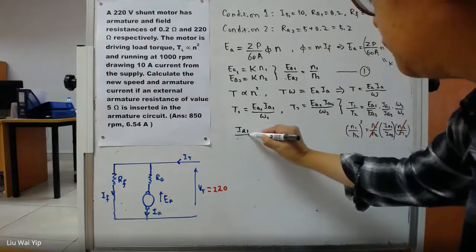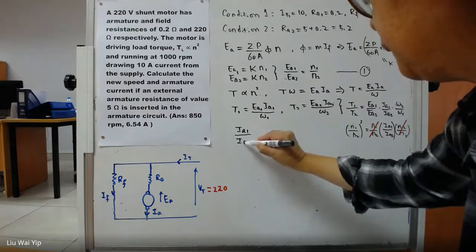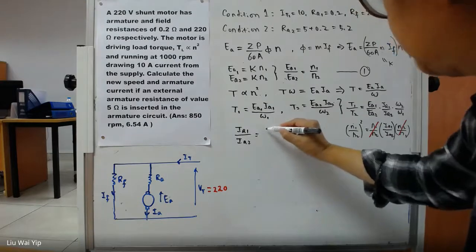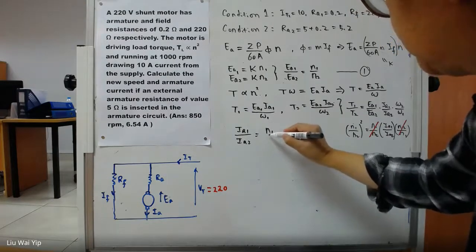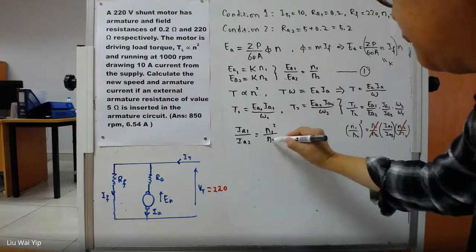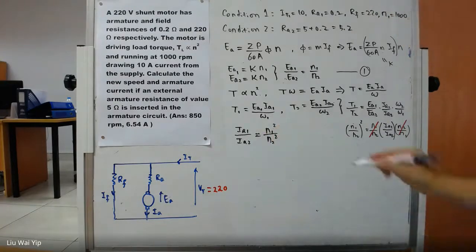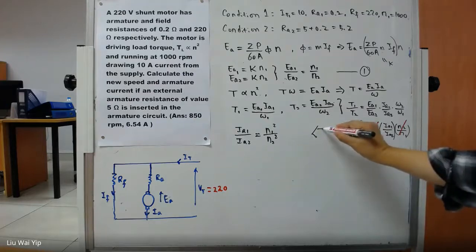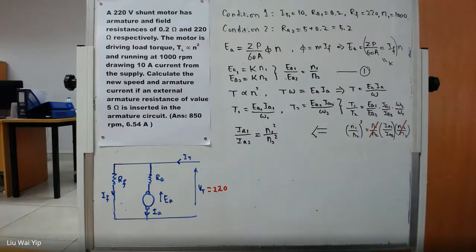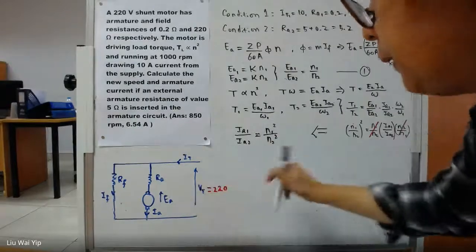IA1 over IA2, and then N1 and N2. So these are the conditions we can use for resolving the equation, the question. Now, what is VT?